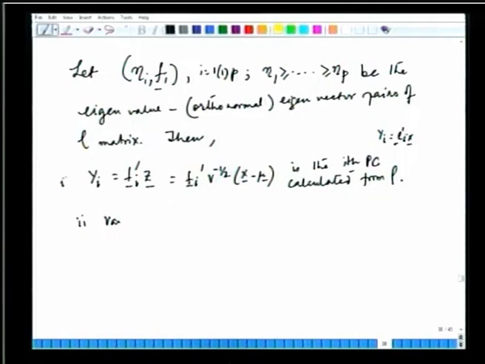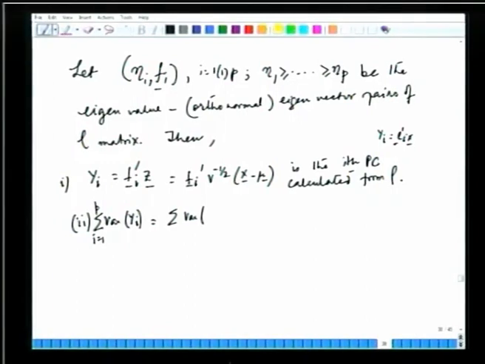The first point to be noted is the total variation in y, that is, the sum of the variances of yi from 1 to p. There are p of them as before. Earlier I had the sum of variances of yi equal to the sum of variances of xi, so similarly the sum of the variances of these new yi's should be equal to the sum of variances of zi, i from 1 to p.